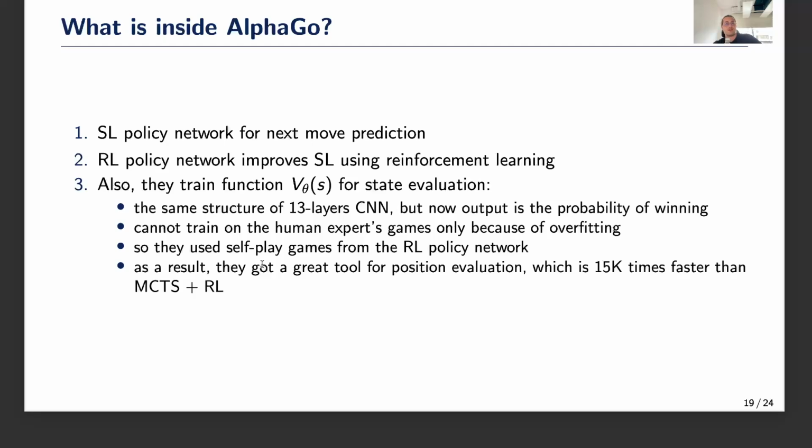There aren't enough of them, and outcomes are often too deterministic. Instead, they use games generated from self-play with the RL policy network. And the target label is simple: 1 for win, 0 for lose.